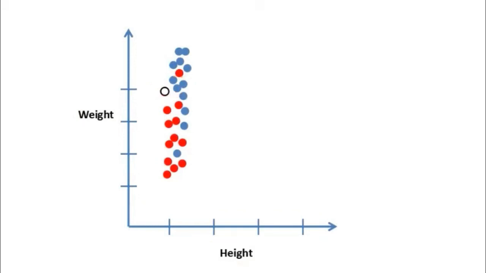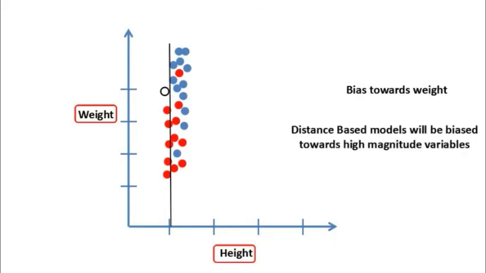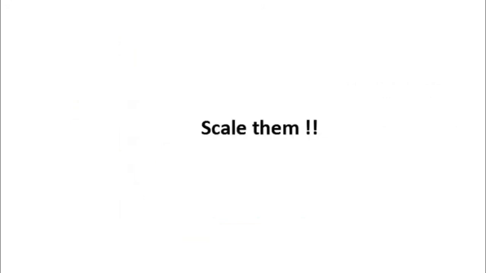In this, we didn't consider the fact that height of this person is smaller than the smallest of male, and if it was up to height, he would have been a she. What happened here is that our algorithm got biased towards weight. In general, distance-based models will be biased towards high magnitude variables.